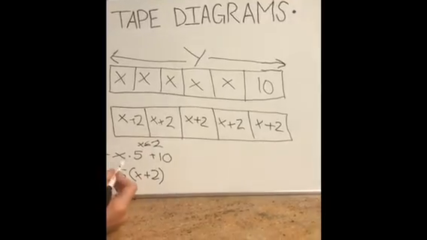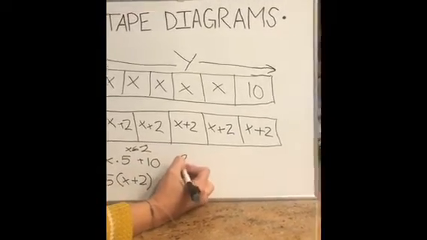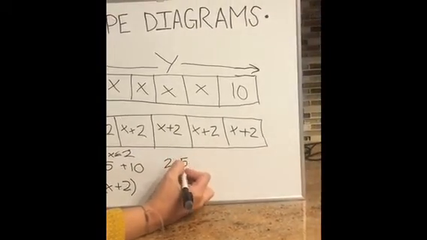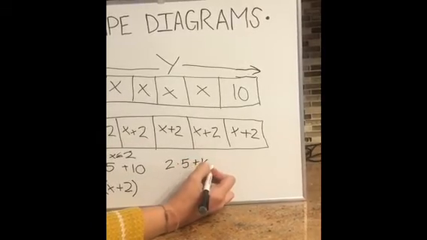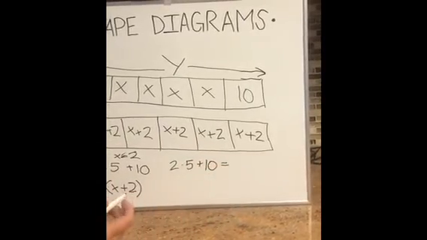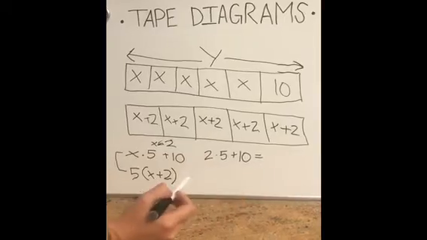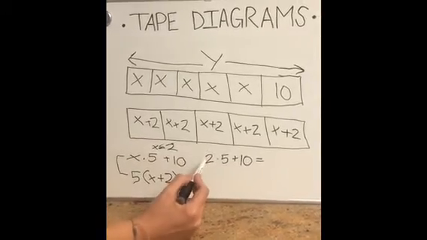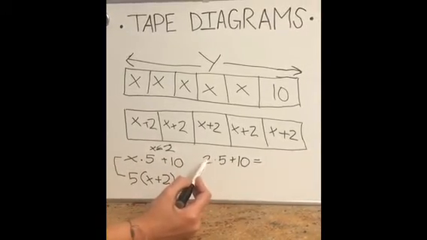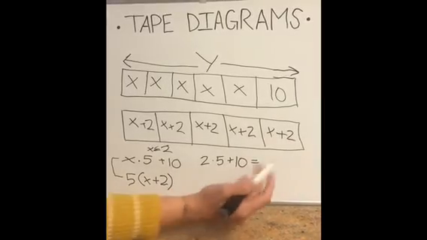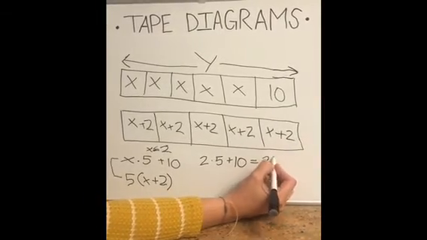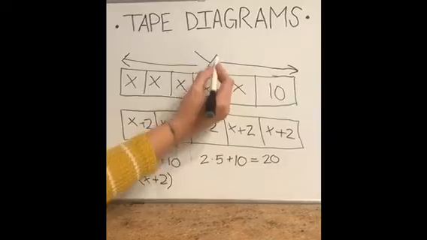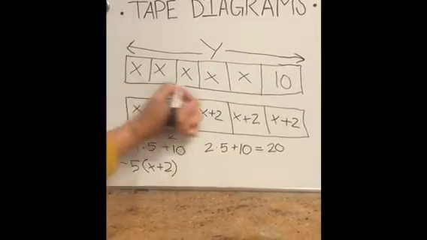I'm going to do 2 times 5 plus 10. Remember, we need to make sure that we do the order of operations when we're solving equations like this. 2 times 5 is 10, plus 10 equals 20. So y would equal 20 plugged into this first equation up here.